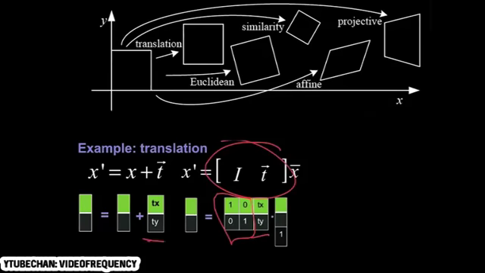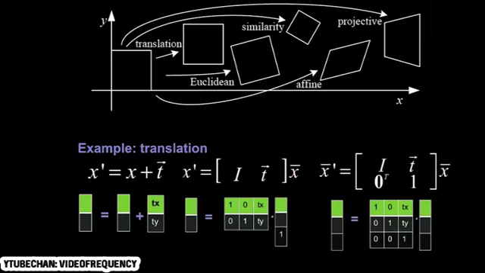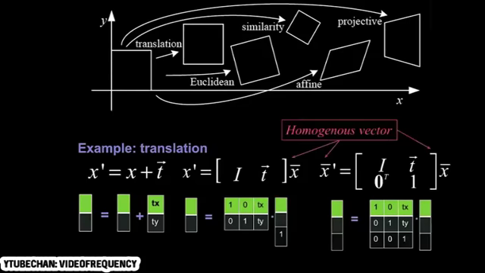To keep the whole thing in homogeneous coordinates, instead of a 2 by 3 we make this a 3 by 3, so that the 0 vector is now on the bottom row, and we get from one homogeneous vector to another. That would be translation. By the way, because these are now just matrix multiplications, we could chain these transformations.